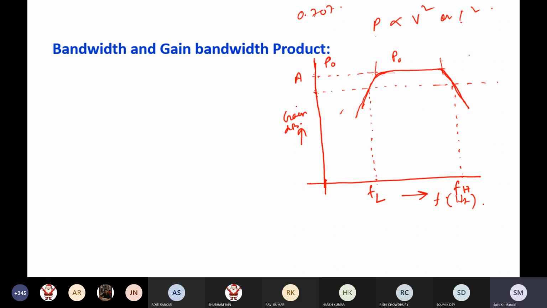In practical applications, throughout the operating frequency range, the gain of the amplifier, or the characteristics of any system, cannot remain constant. So that's why a certain fluctuation or range of tolerance is accepted.